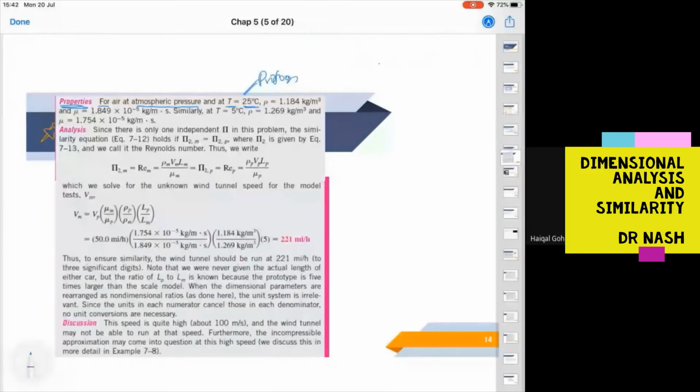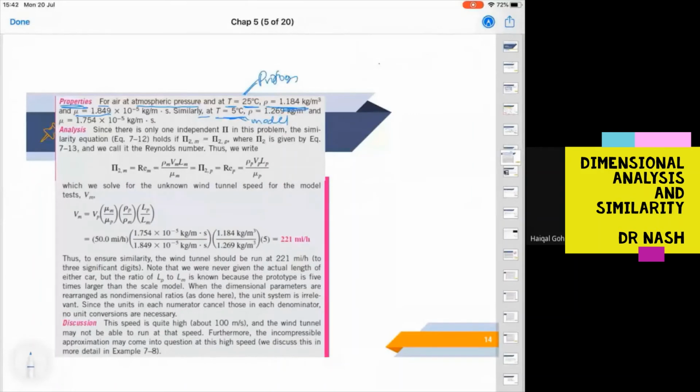Where do we get this, everyone? You have to read it from the table. And nu is 1.849 power of -5. Similarly at temperature 5 degrees C, this is for what? The model, right? Rho is 1.269 kilogram per meter cube, and the viscosity is 1.75.